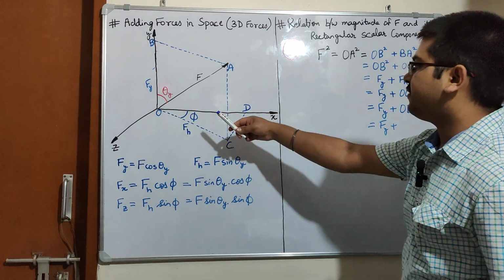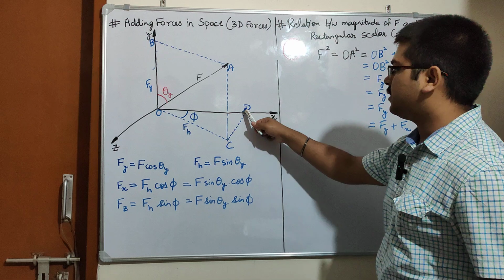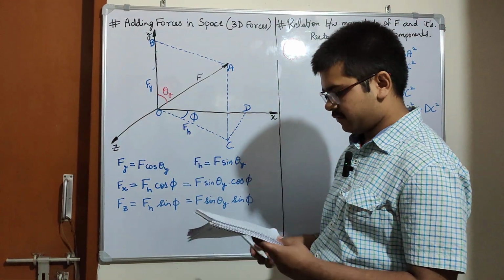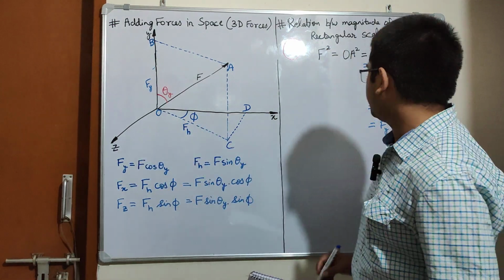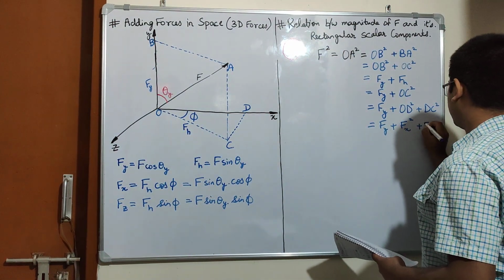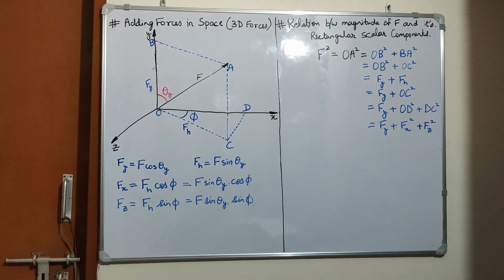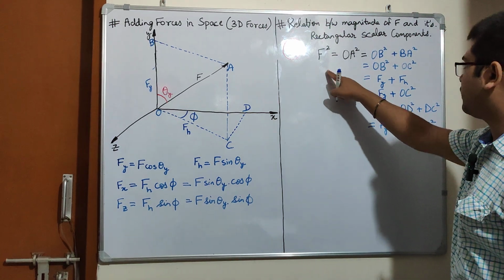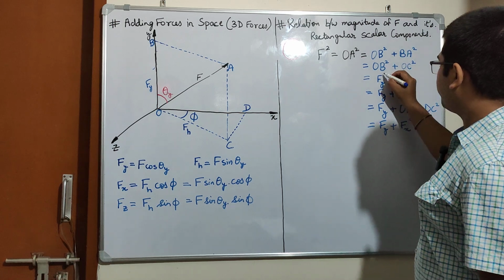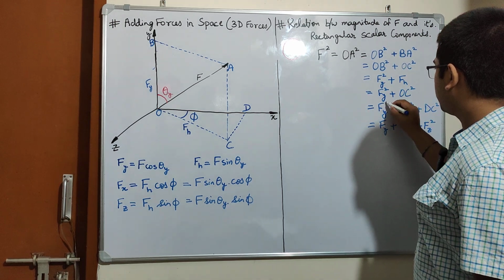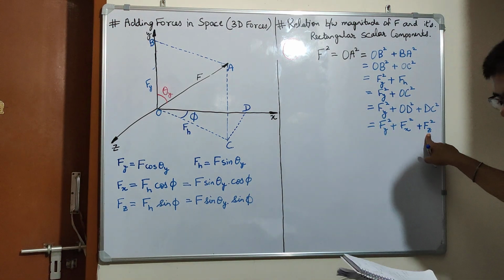For OD we have Fx, and for DC we have Fz. So we have F square equals Fy square plus Fx square plus Fz square.